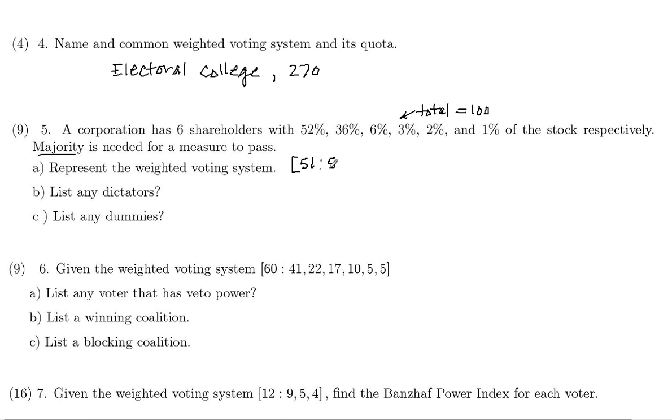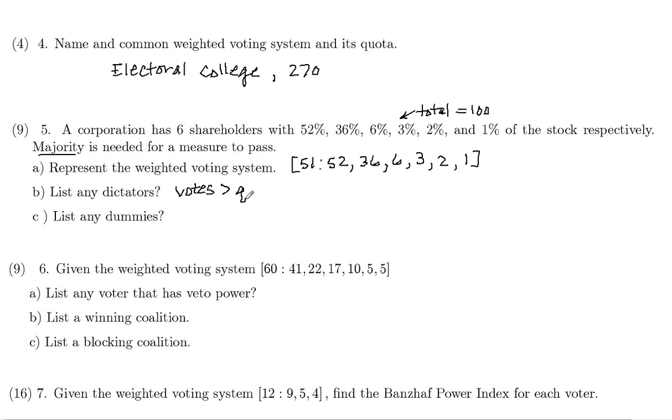So voter 1 has 52 votes. 52% would be 52 out of every 100. 36 for voter 2, 6 for voter 3, 3 for voter 4, 2 for voter 5, and 1 for voter 6. So that's the weighted voting system. So that part's done. Any dictators? Dictators here mean that their votes are greater than the quota.